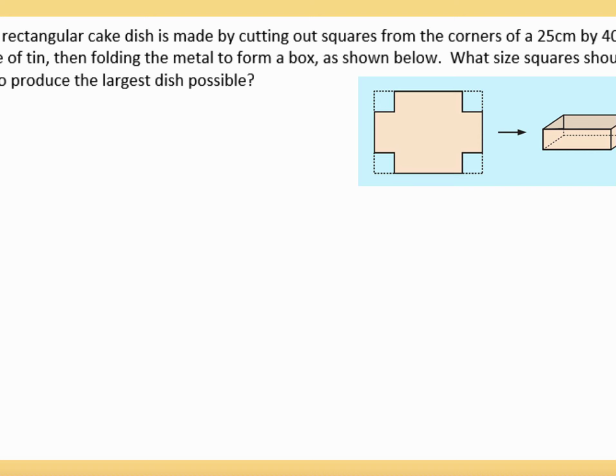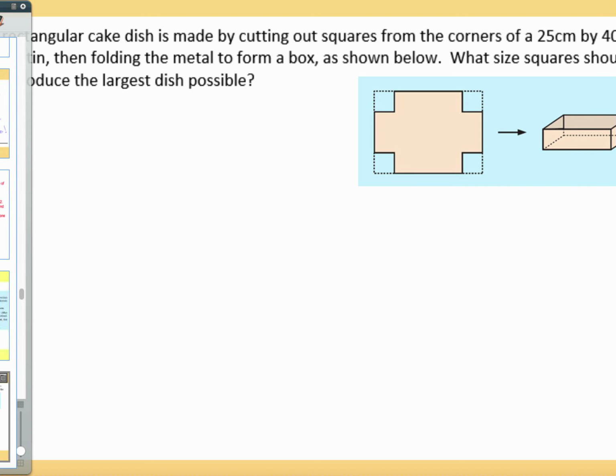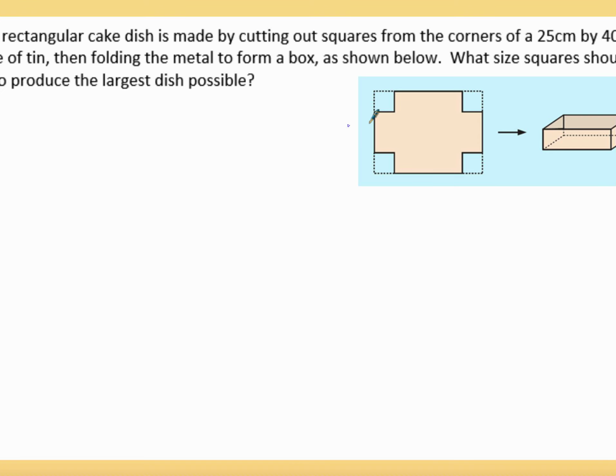So if we've got this picture, I'm going to be cutting out some amount. I'm not really sure what it is. I'm going to call it x, a length of x and a width of x, little squares. And I do know this whole entire length here is 40, and this length here is 25.